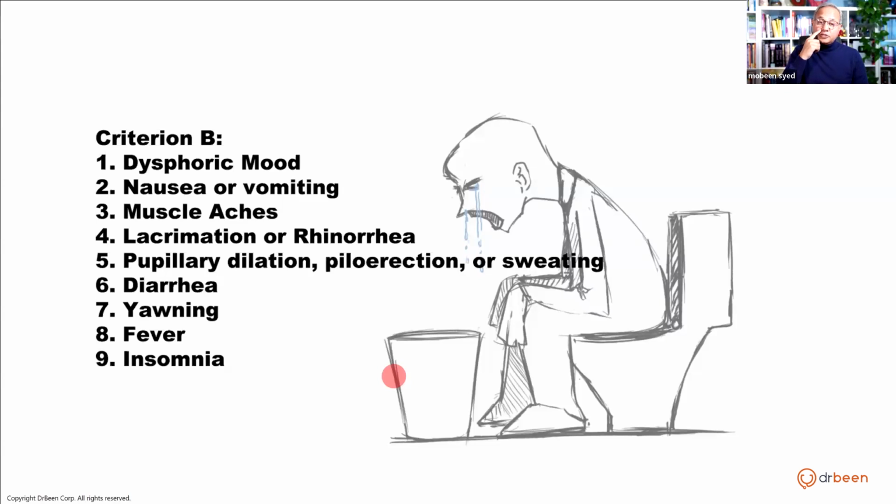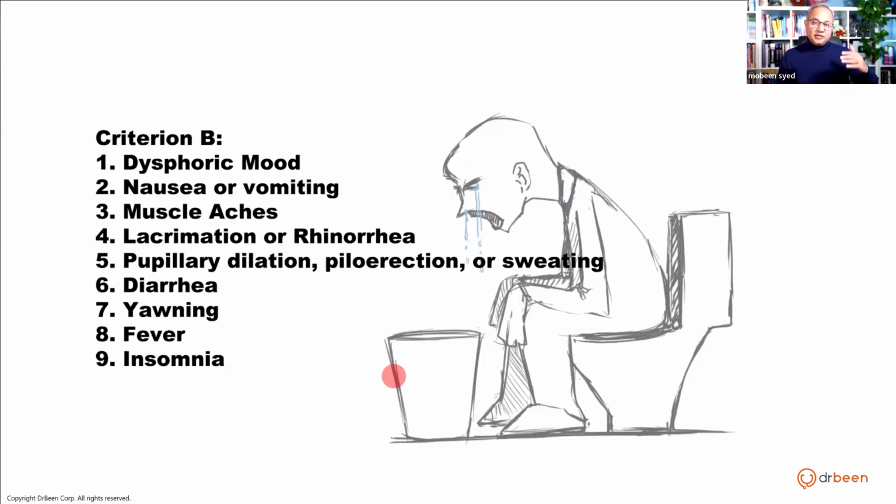Below that, there is nose, so rhinorrhea. If you go inside the skull, that is brain and dysphoria. Then further down, there is the body, the muscle aches. At the mouth area, yawning.